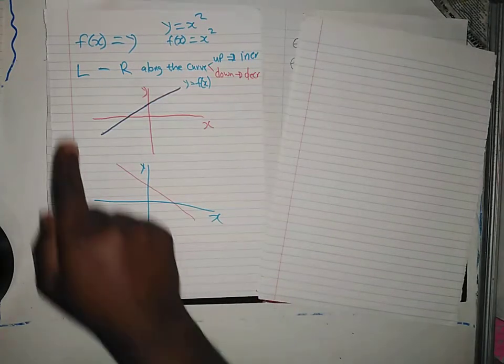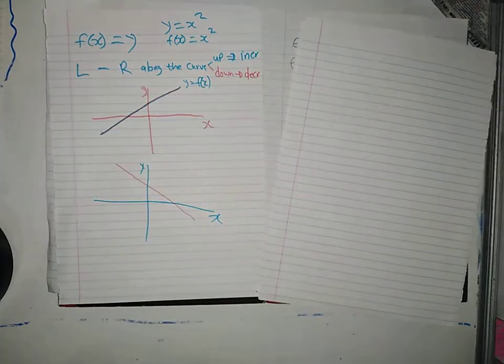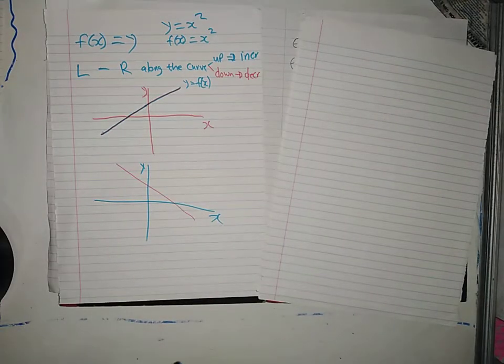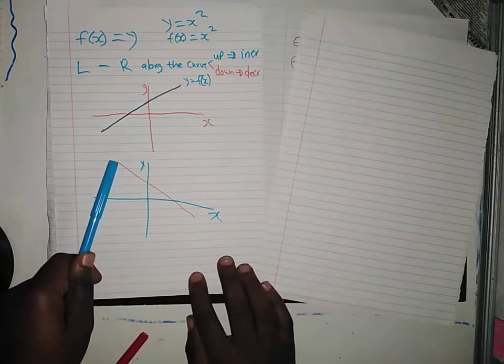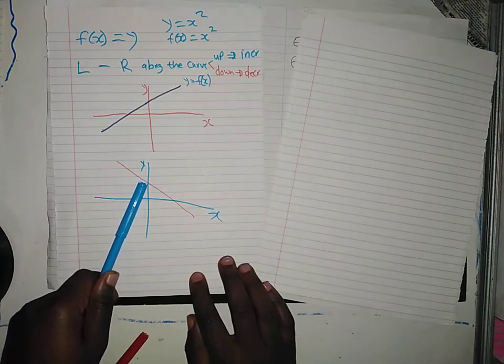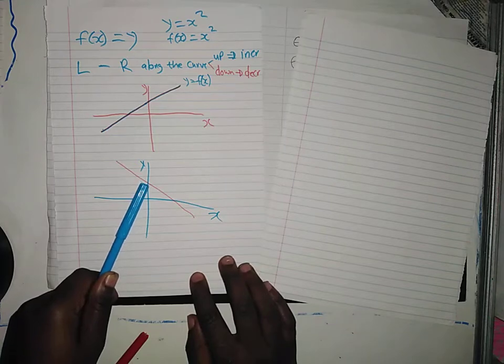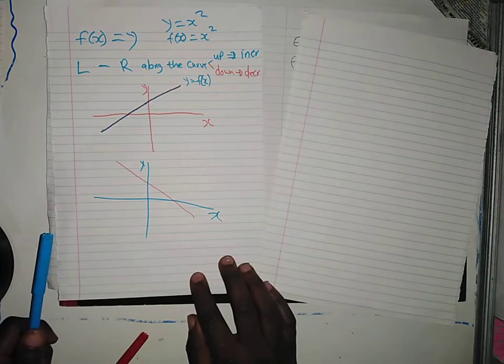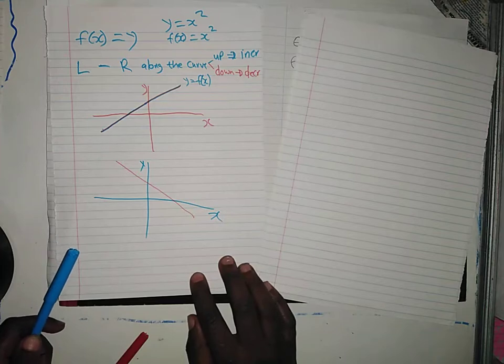You need to go from left to right. So when you are going from left to right here, you are traveling here. You are going down. So because you are going down, that means f at x is decreasing. Does that make sense?